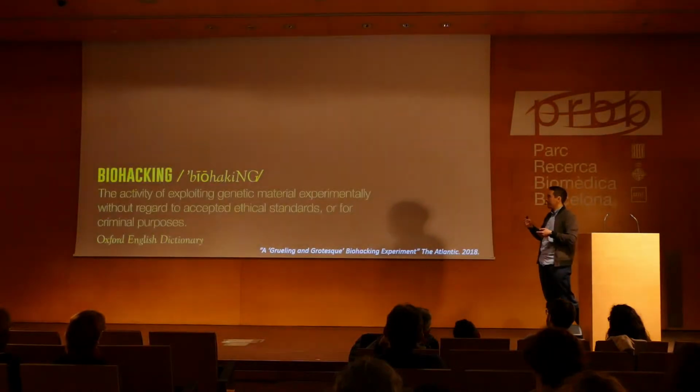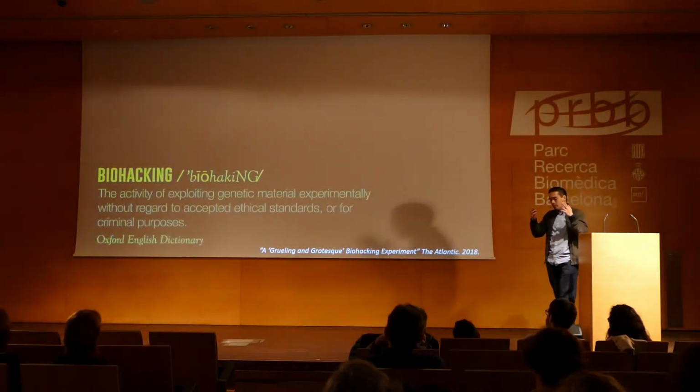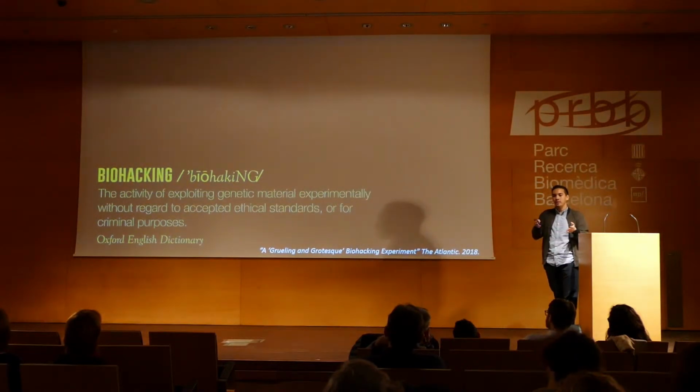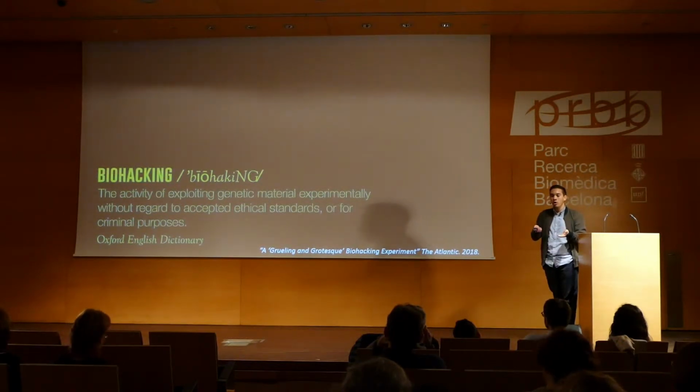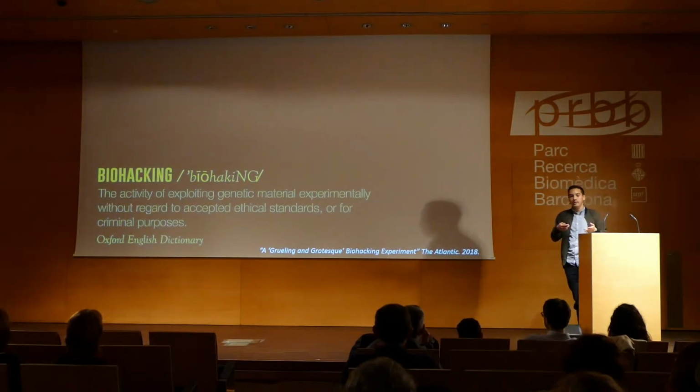You know, we have this idea that's termed biohacking. And biohacking is basically the use of this technology by people who aren't exactly scientists or experts, but use it in their own homes, in their garages, to try to see how this works.